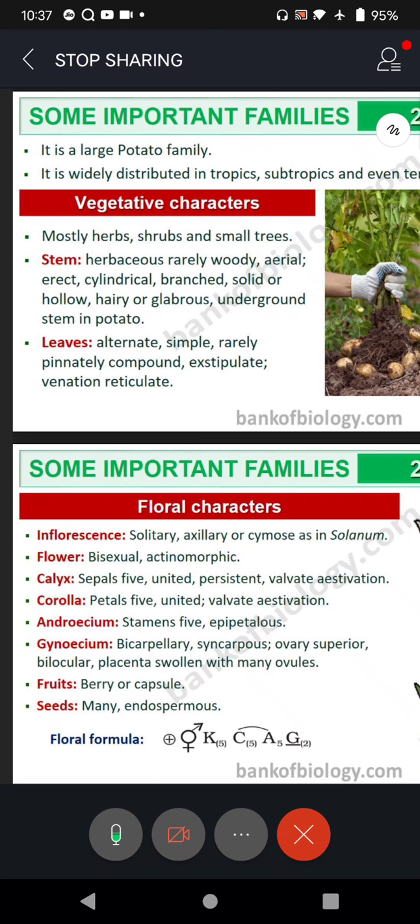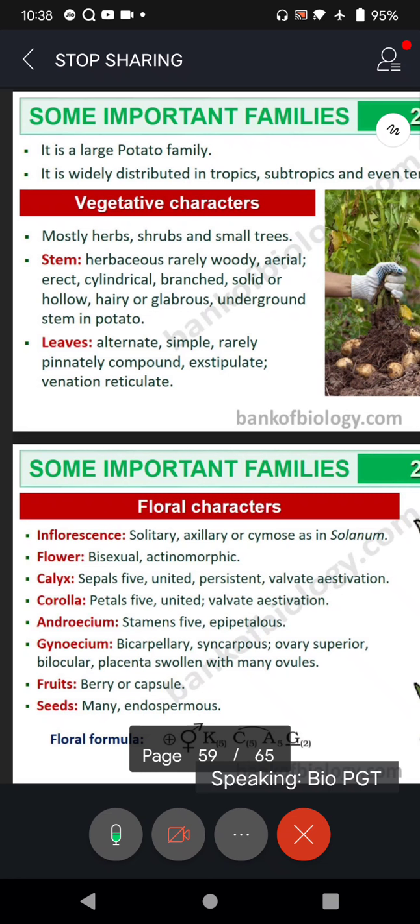Now what about leaves? Alternate means one on the left side, one on the right side, one on the left side, one on the right side. That is alternate. Simple. Rarely pinnately compound. Here you must know that leaves are of two types: pinnately compound and palmately compound. And basically you should say simple leaf and compound leaf.